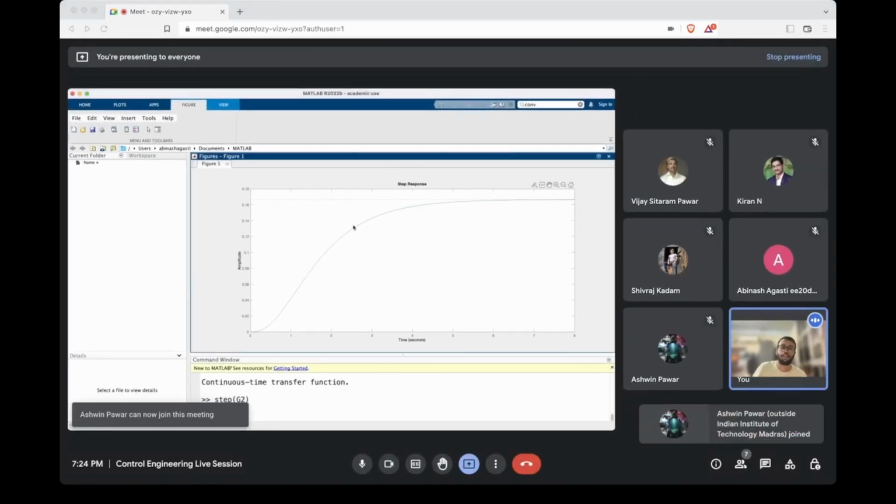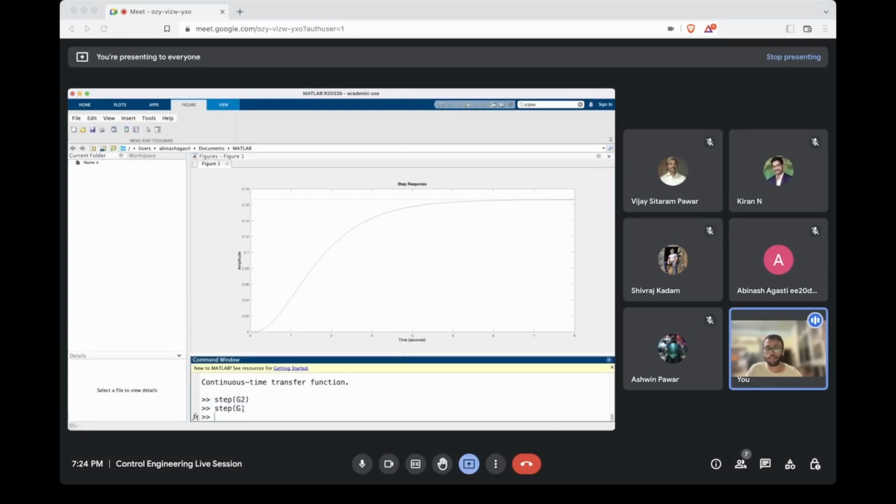Can you see this step response? Here we can see that the system with only the poles, no zeros, gives us the kind of system response that we expected. It starts at 0, then goes upwards to its steady state value, maybe with some overshoot, maybe not. Here it doesn't have any, and then it goes to the steady state.